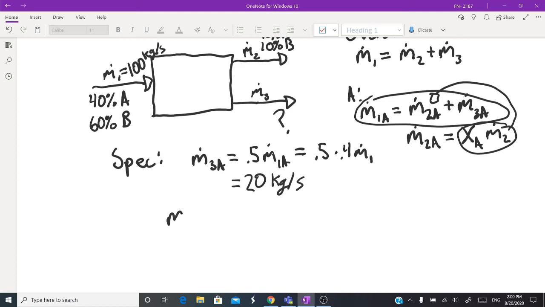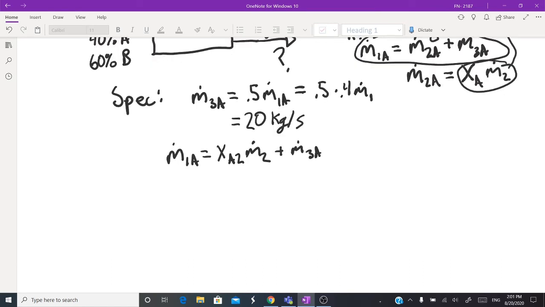So you see that M1A is equal to XA in stream 2 times M2, plus M3A.